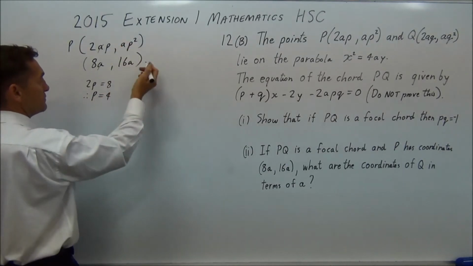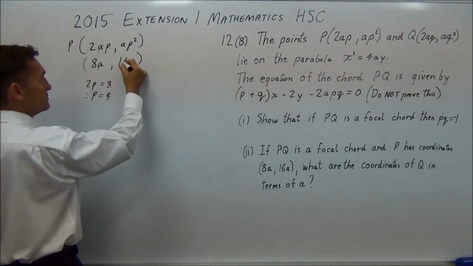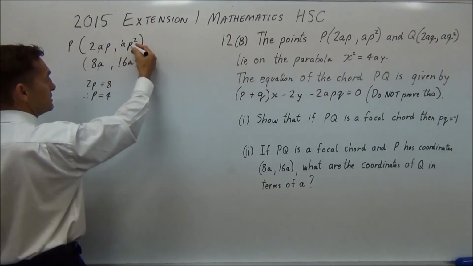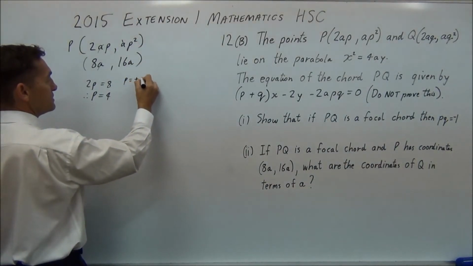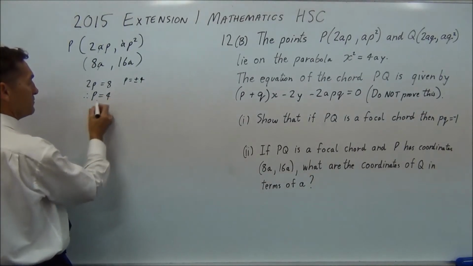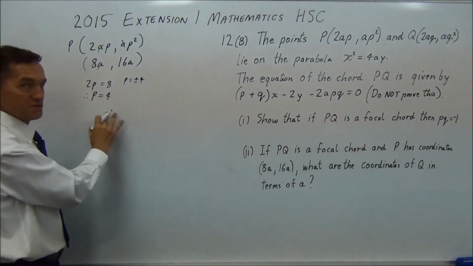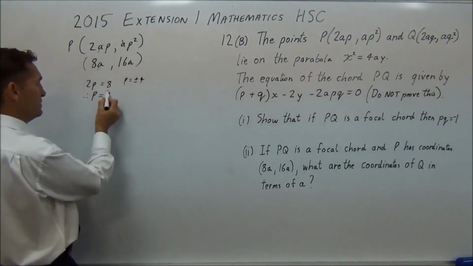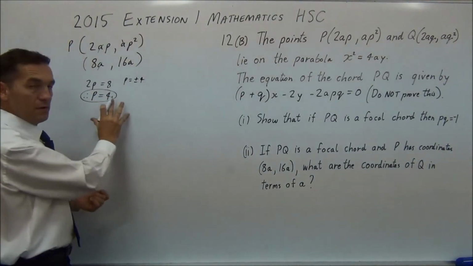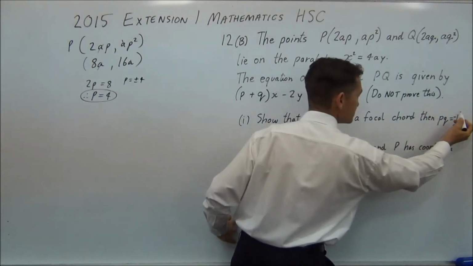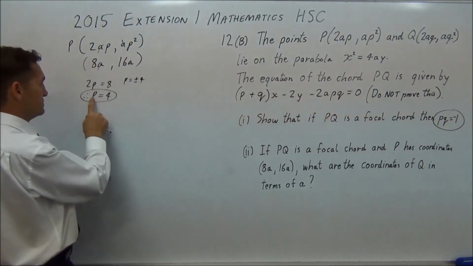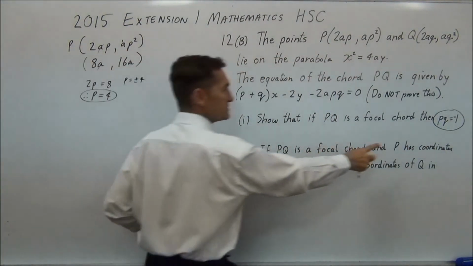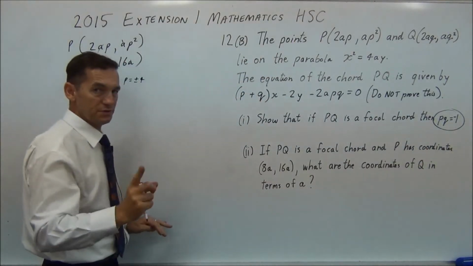And if you solve this one, you end up with P equals plus or minus 4, because that must equal that. 16 equals P squared, so in that case P equals plus or minus 4, but the giveaway is that on this side it must be positive 4. So you've got P equals 4. Now use this. Keep your eyes open for as soon as you've got a symbol that's the same as what you've used before, use it.